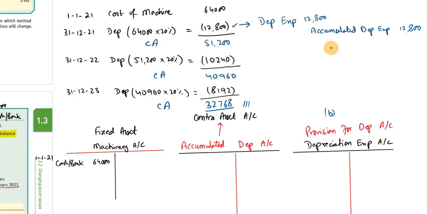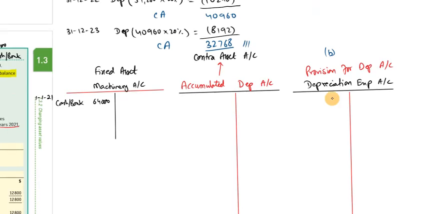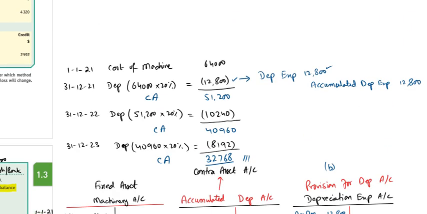Okay. So we will record this double entry into these two accounts. The depreciation expense is the debit, so we will record 12,800 on the debit side of the depreciation expense account. That is here, 12,800. The reference is accumulated depreciation, and in the accumulated depreciation account we will record 12,800 on the credit side.